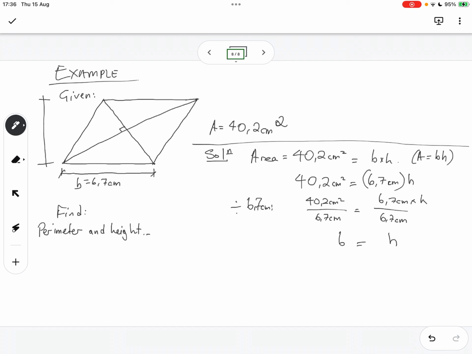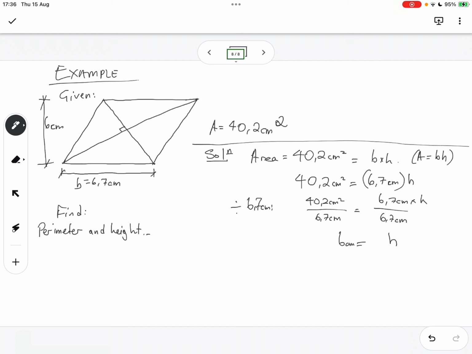So the height is 6 centimeters. We also need to include the units, because if we don't, it's wrong.